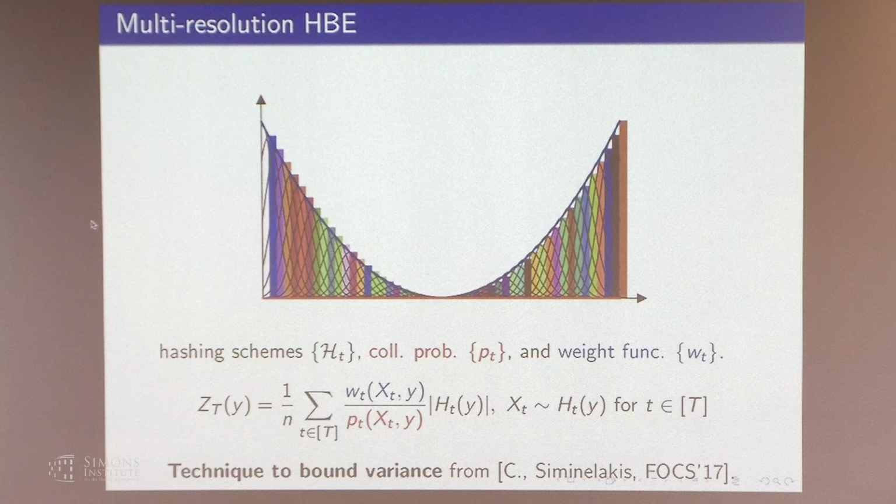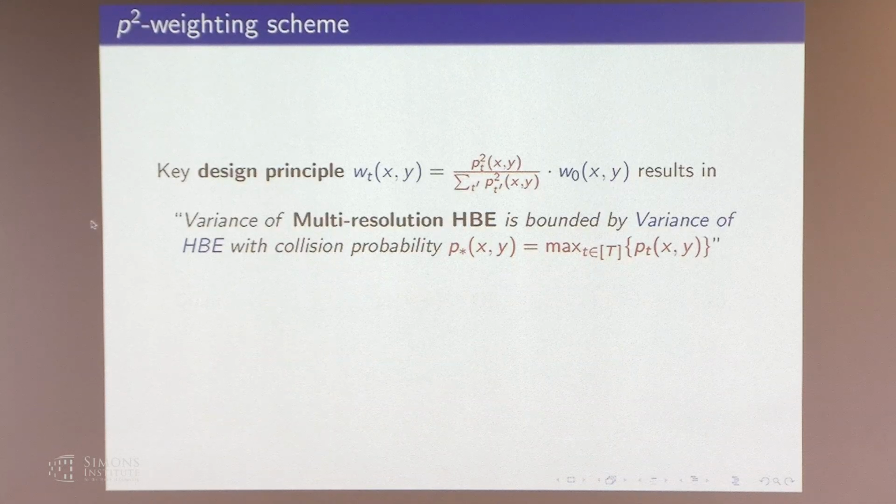Okay. And then this is the final estimator. Okay. So the key idea, and this is the key idea behind the analysis, is if we set our, so this is the function that we're trying to compute. We want to figure out what portion of this function should be allocated to the tth hash family. Okay. It turns out that if we allocate to the tth hash family this portion of this function, so what do we mean by this portion of this function?